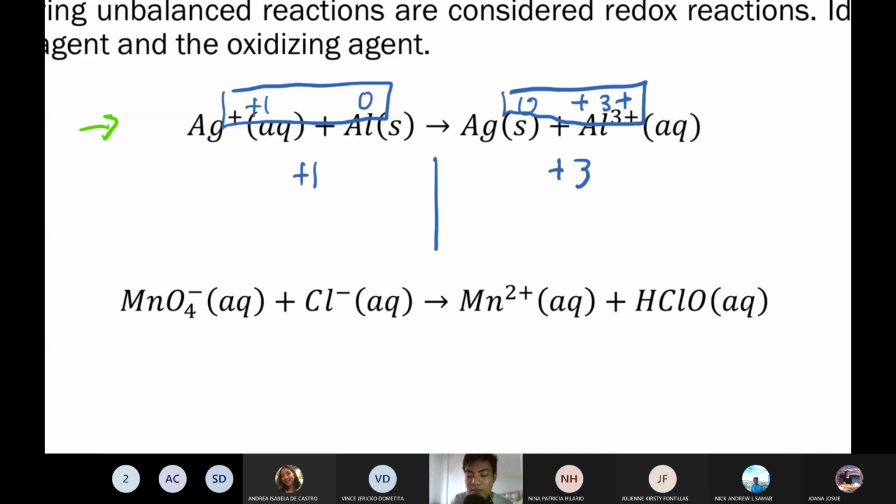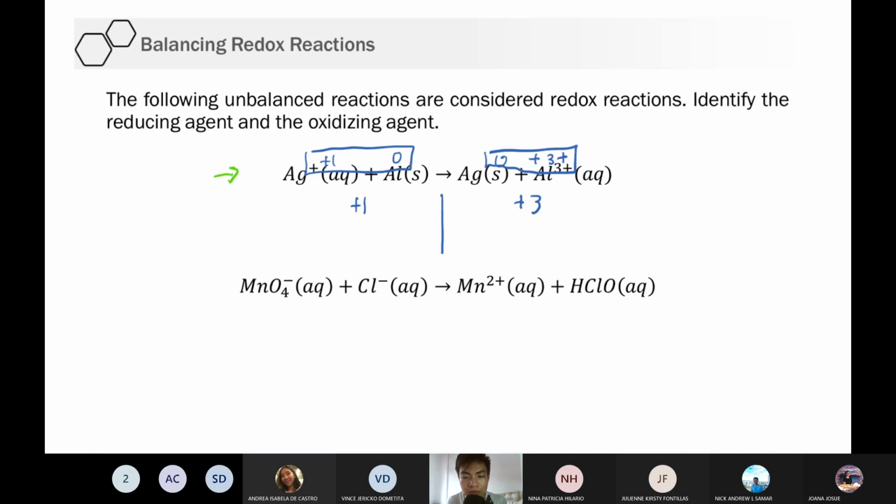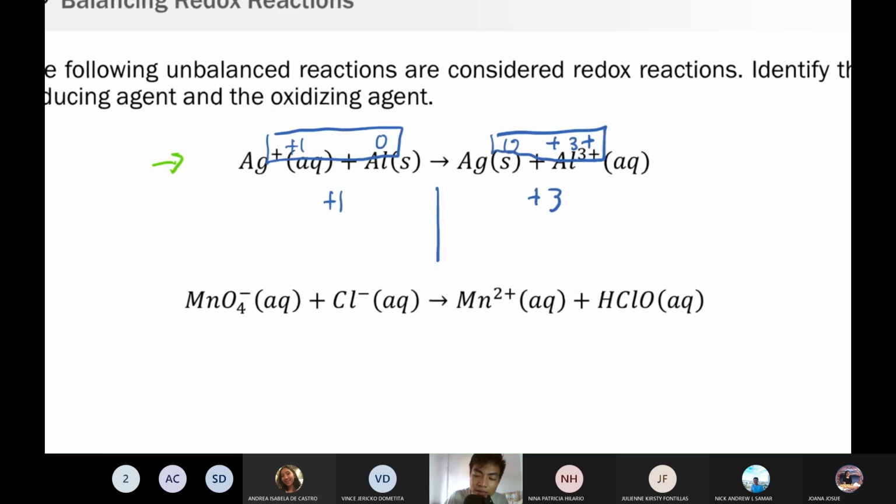Okay? Ibig sabihin, sa redox reaction, we are not just only focused on the atoms. We are also focused on the charges. Why? Kasi nga, remember, electrons ang pinapasa dito. So, ibig sabihin, other than the atoms being balanced, kailangan yung electrons din balanced. Parehas dapat balanced yun. Ito din nasa baba, ito ay unbalanced.